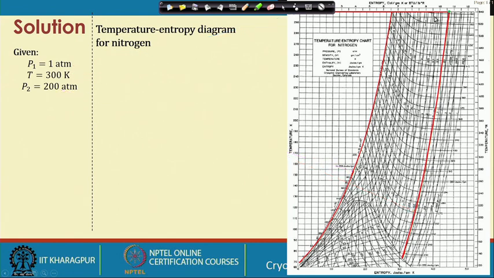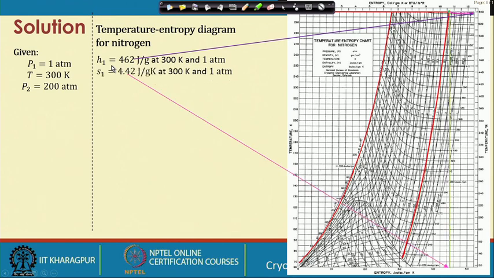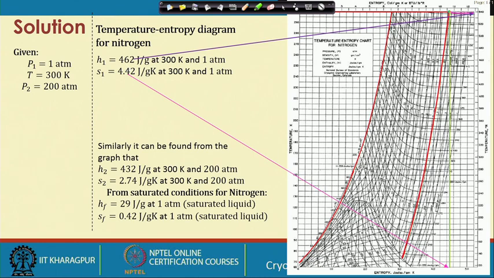At the points where they intersect, we can find the values of H1 and S1. S1 comes from the x-axis, and H1 comes from the value of the isenthalpic lines. Wherever the isenthalpic line is, here somewhere the isenthalpic line will come. You take this isenthalpic value as the H1 value, and we do the same exercise for the other, H2 and S2, for the 200 atmosphere also.